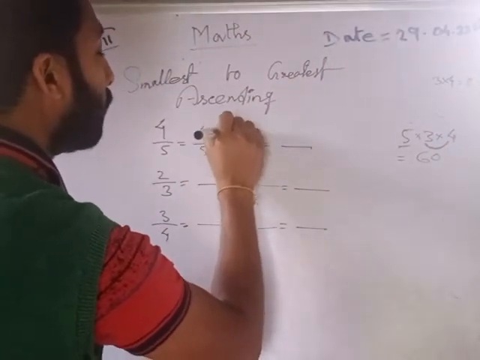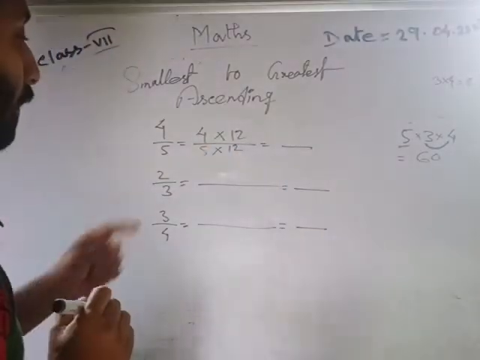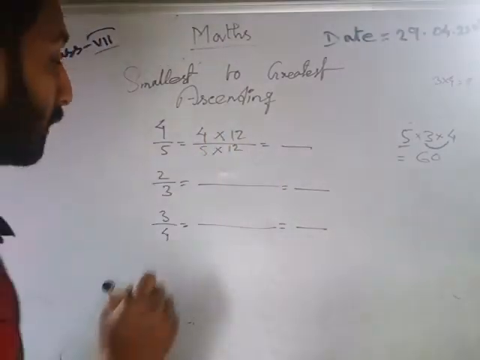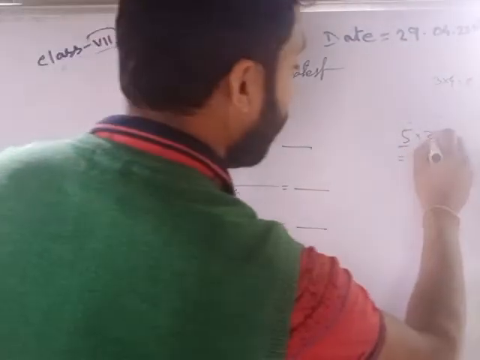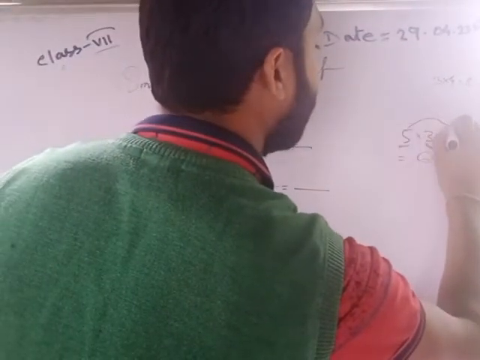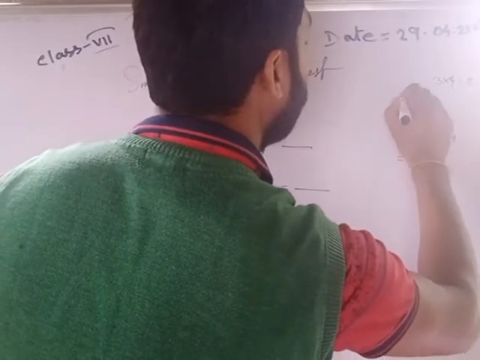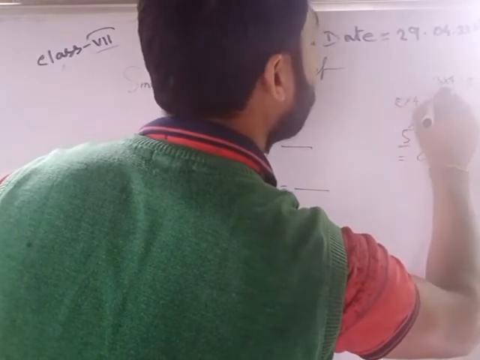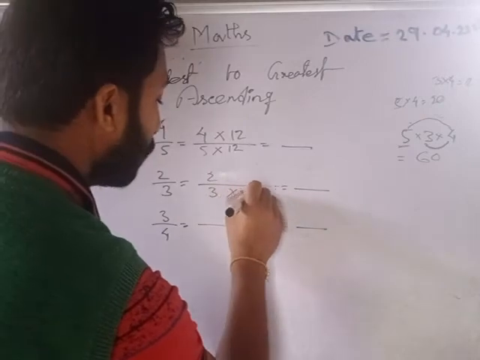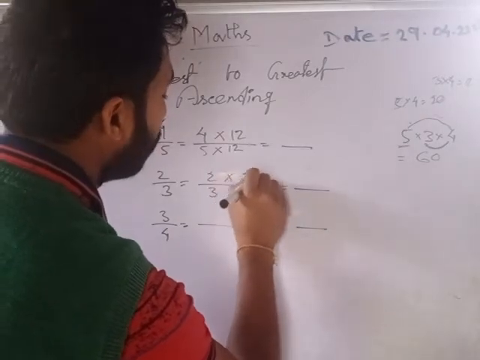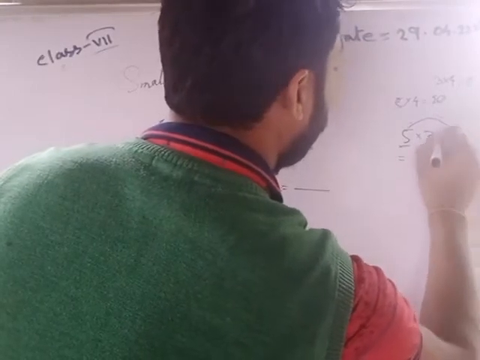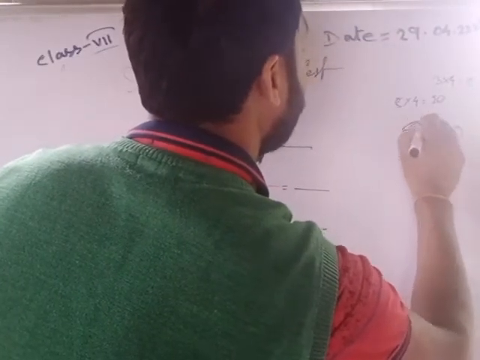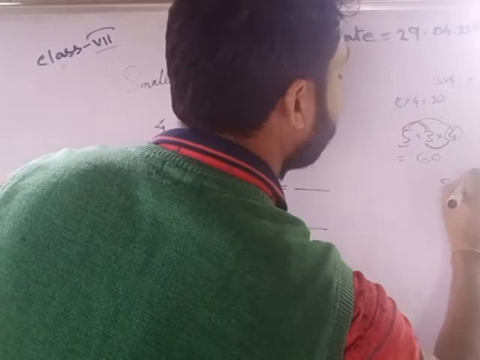4 also multiplied by 12. If we multiply by the same number, that is an equivalent fraction. After 3, that is 5 4s are 20. That means we should multiply by 20, and this is also 20. After that 4 is in here. That means 5 3s are 15.